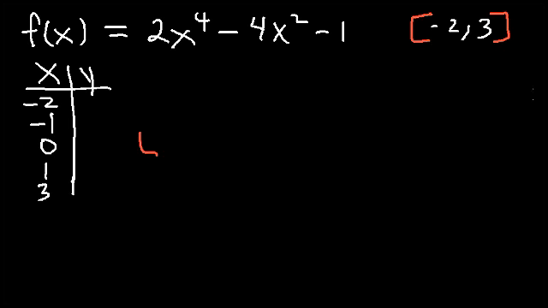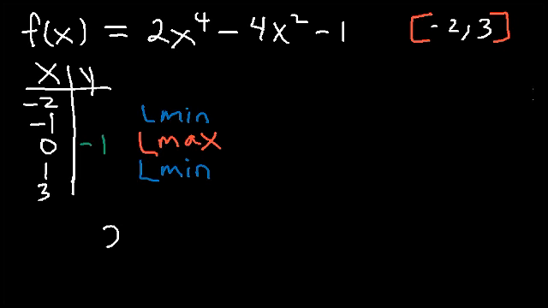So we know that 0 is the local max, and -1 and 1 represent the local or relative minimum values. Now we've got to see which one is the absolute extrema. So let's plug in 0.